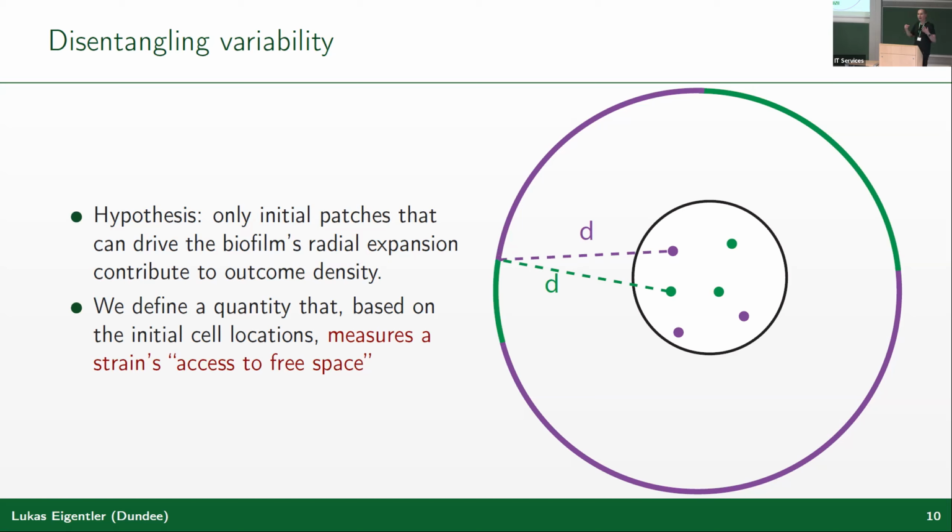Then we defined the access to free space score of a strain, let's say the purple strain, to be the total length of all the purple segments relative to the whole circumference of the circle. And so our hypothesis then reduced to simply that this access to free space score should be correlated with the outcome.